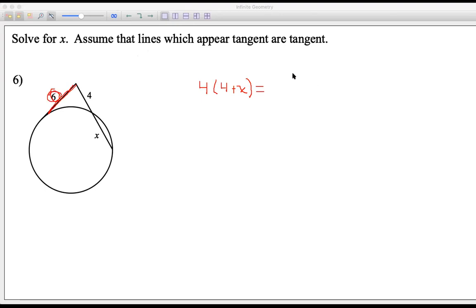So it's not 18, it's 36. 36 plus 4x equals... wait, do the distributive property first. 16 plus 4x, and that equals 36. Subtract 16 from 36, and that gives you the answer.